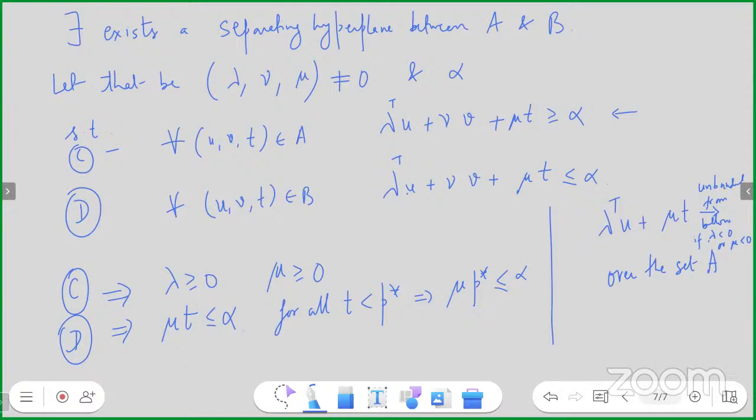For any U, V, T belonging to A, what can you say about the Lagrangian connection with the equation I pointed out? U is above Fi of x, V is equal to Hj of x, and what is T?